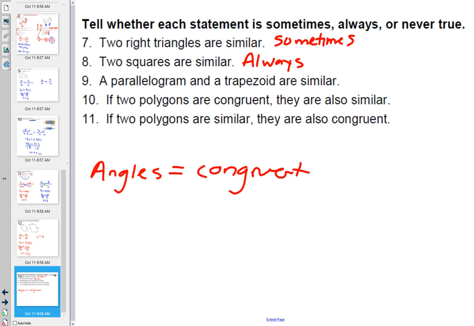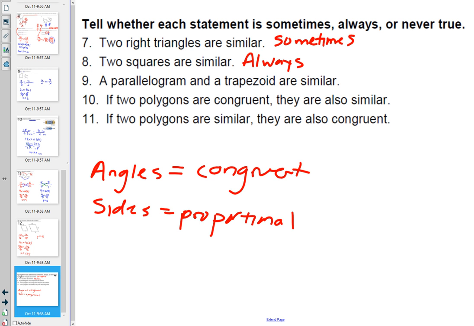And remember, the only types of polygons that we have shortcuts for are triangles. So anything other than a triangle, you'd have to actually show that all of the angles have a corresponding angle that's congruent, and that all the sides are proportional.